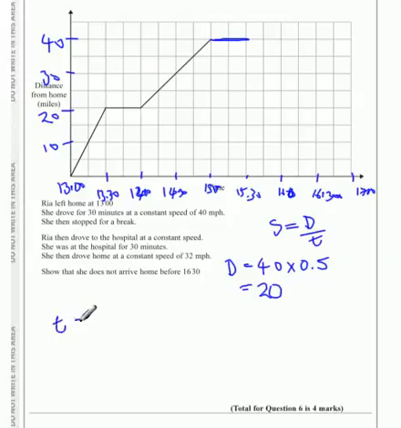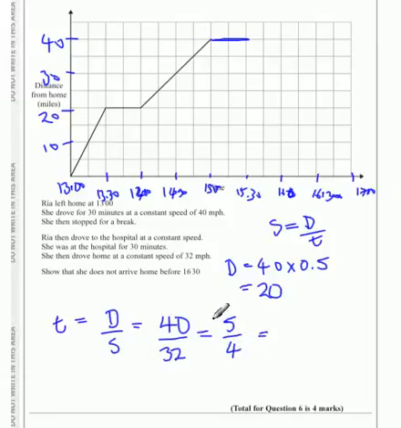So the time using our formula is going to be distance over speed. The distance we worked out is 40 divided by 32. Okay, so if we simplify down this fraction, we might be able to work out what it is exactly. So we can divide both of these by 8 to start with, which is 5 over 4. And then 5 over 4, well, that is 1 and 1/4, or 1.25.